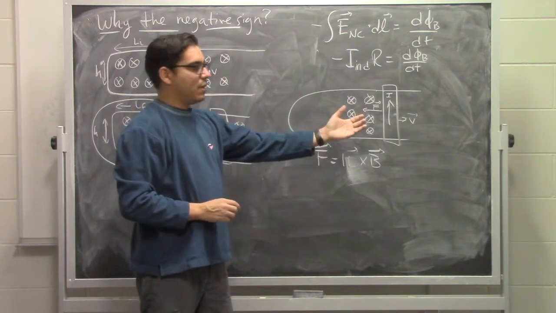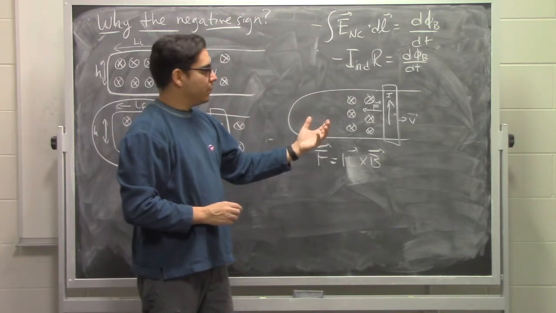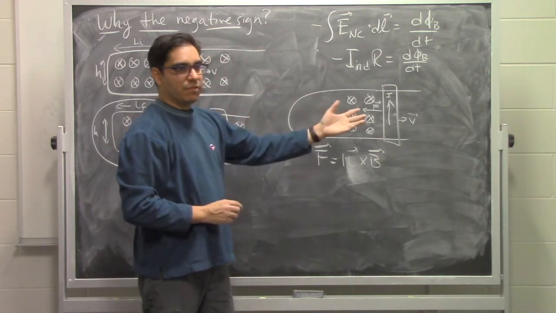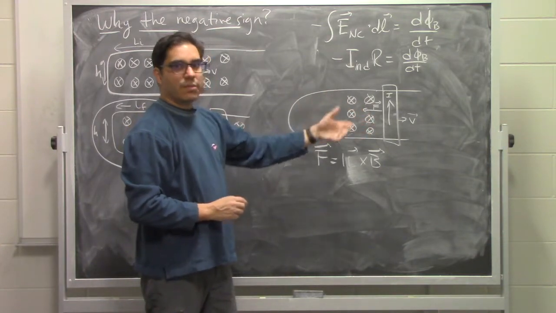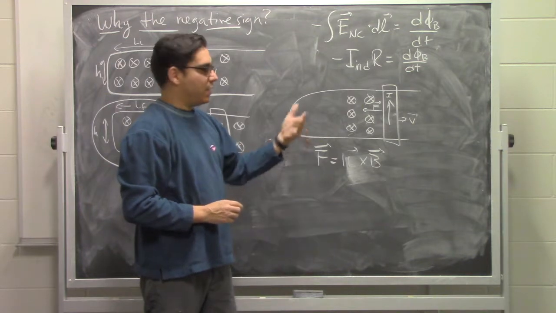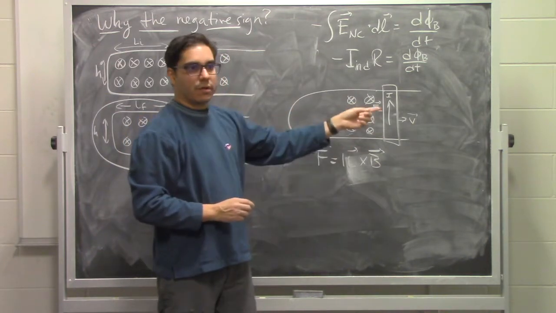We gave the system some energy, and that energy is being used to drive the bar along, but it's also getting used up. This magnetic force is essentially using that energy up. It's being converted to magnetic energy associated with driving the current around.